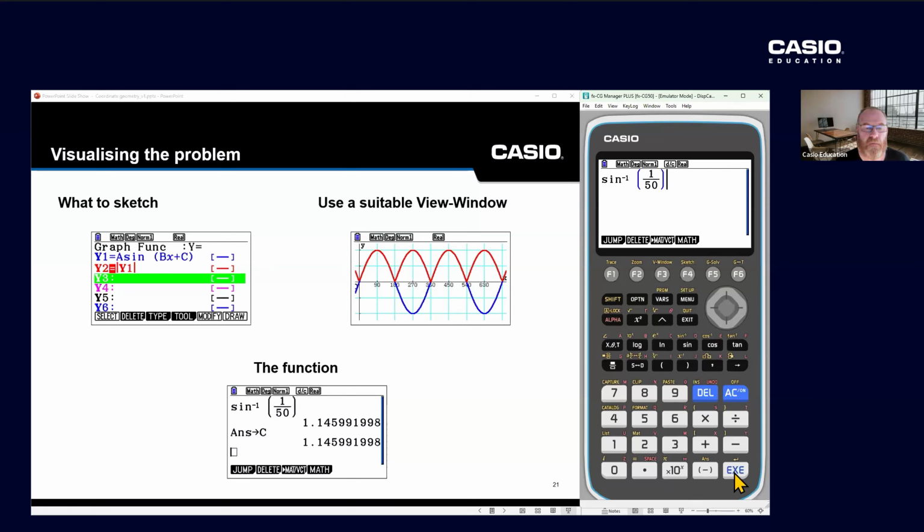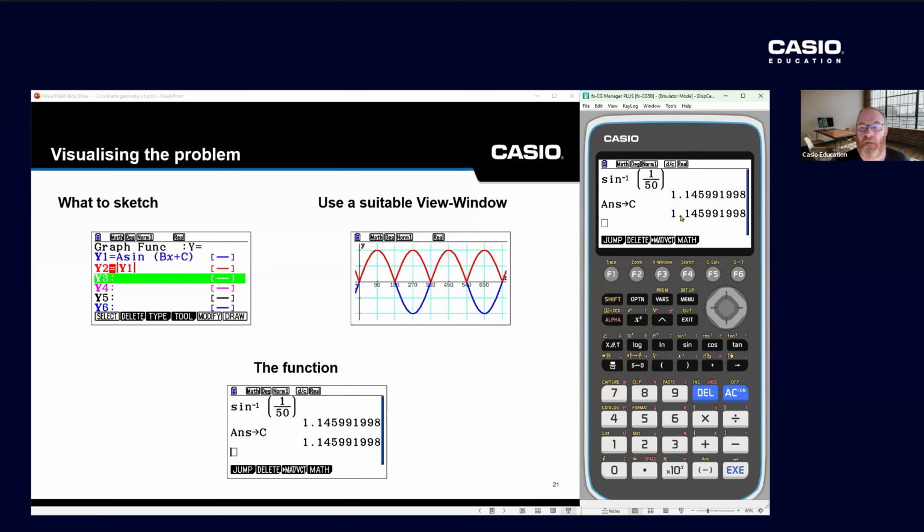So inverse trig function, so you're solving an equation here. It is in degrees, okay? And just to make life slightly easy for yourself, what you can do is store the answer, so that's shift and negative, as the variable c, okay? So that is the last thing in your modified function.